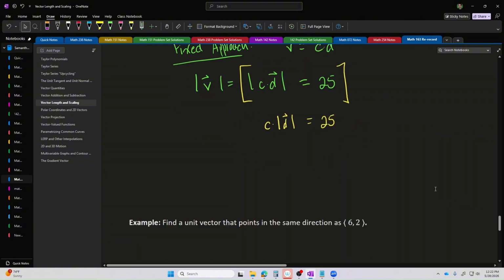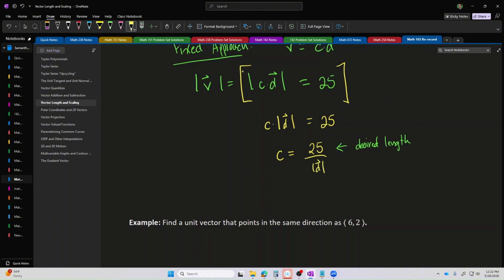So now if I want to know what value of c I should use as my scalar, solving this equation, I find that my value of c should be 25, the desired length, divided by the magnitude of the direction vector, my current length.